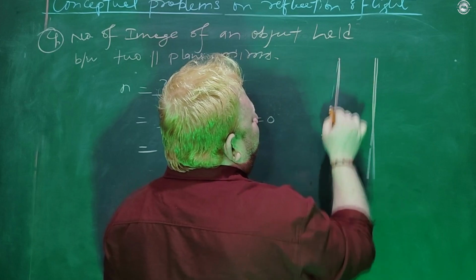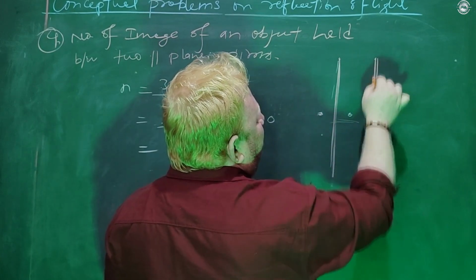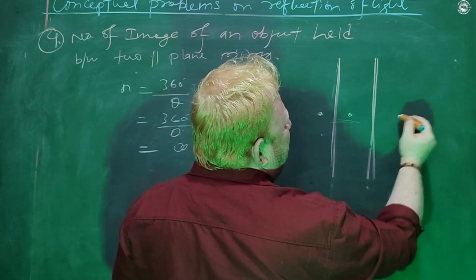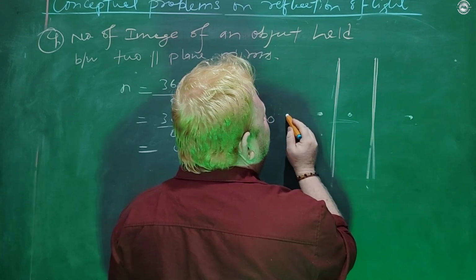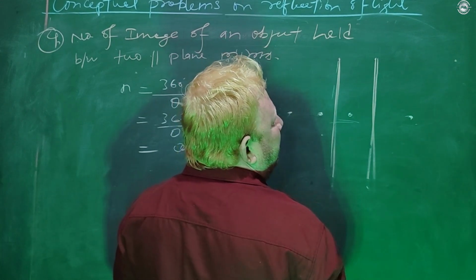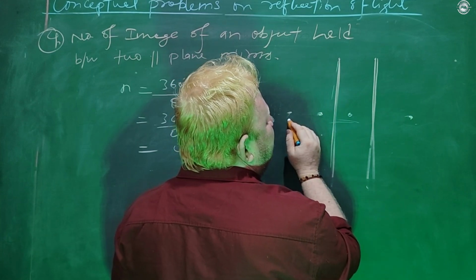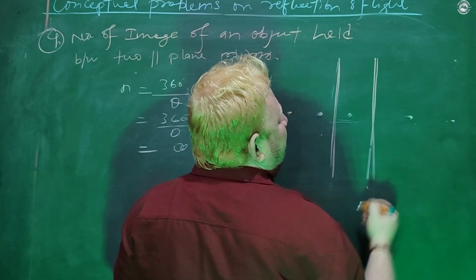So an infinite number of images will be formed when an object, let us assume one object, is there. For this mirror, the image will be here. Again this image will act like an object for the other mirror, so again the mirror images will be like this. Again this will become the object, so the next images will be like this. Again for this mirror, this acts as an object, so the image will be like this.